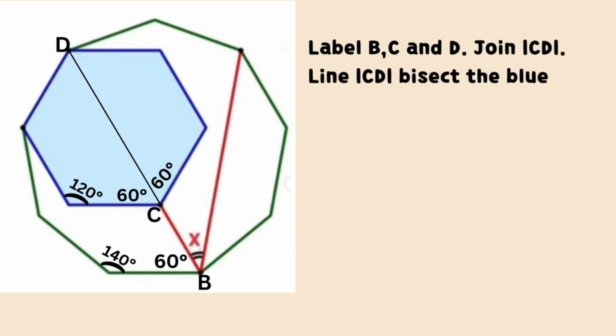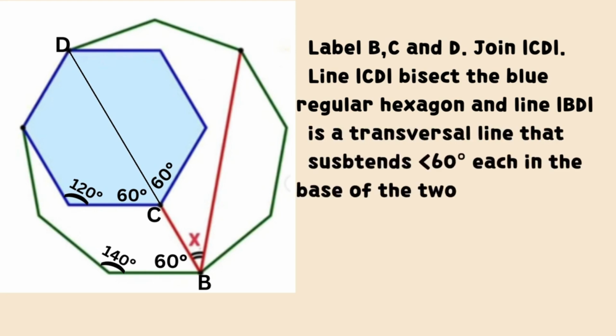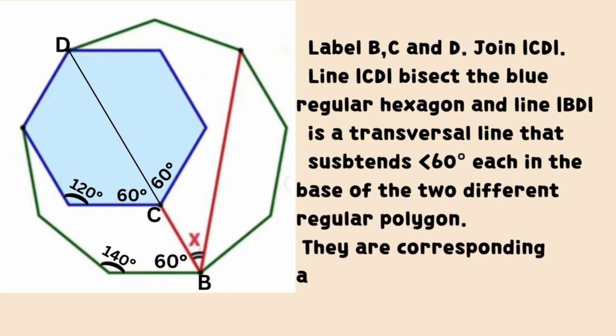Label B, C and D, join line CD such that line CD bisects the blue regular hexagon. Line BD is a transversal line that subtends angle 60 degrees each in the base of the two different regular polygons. These angles are corresponding angles.